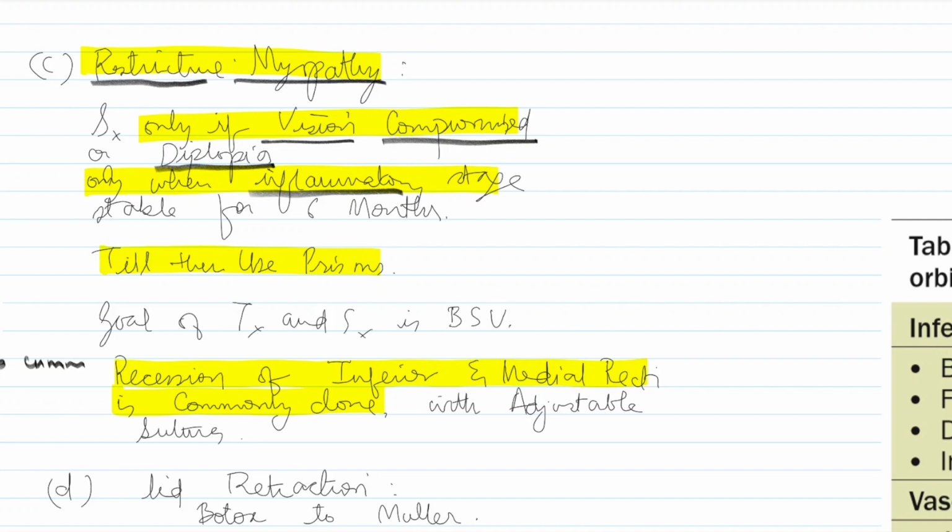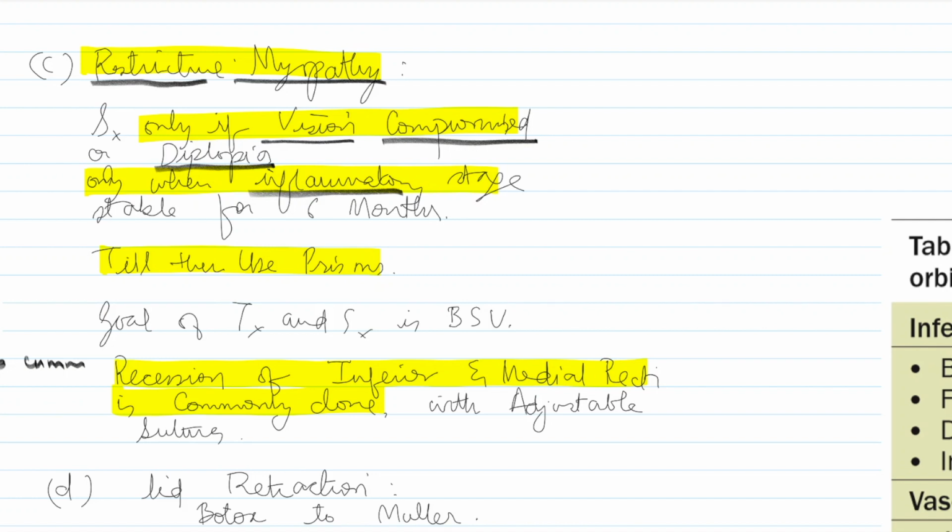So you do not perform a lid surgery or a surgical treatment of restrictive myopathy during the inflammatory phase. You wait for 6 months for it to stabilize, then you can think about a surgical modality. Till then, use prisms to correct the patient's diplopia and alignment.